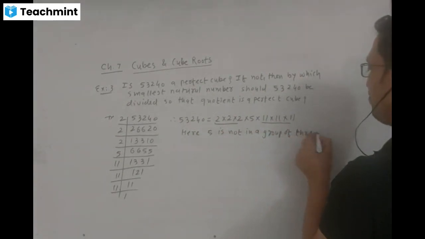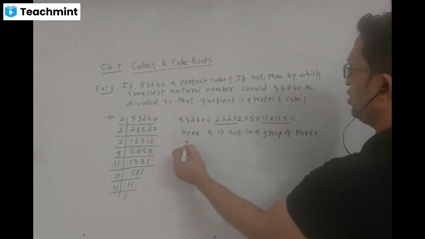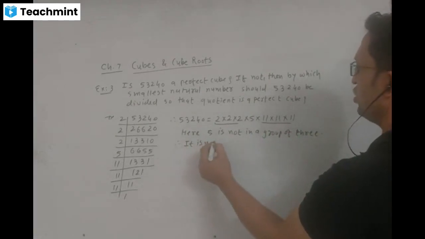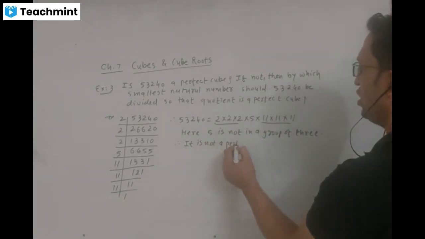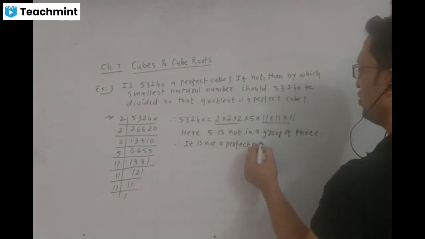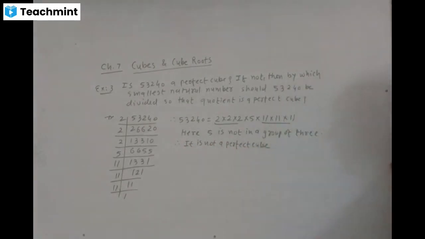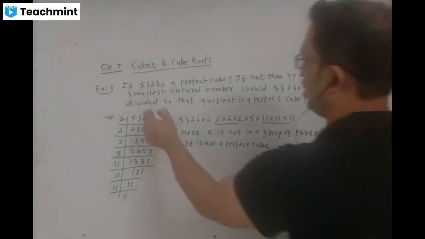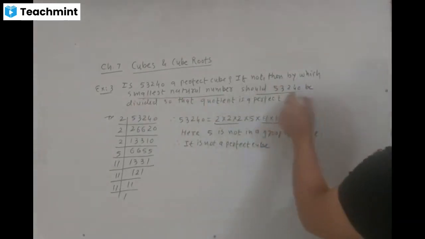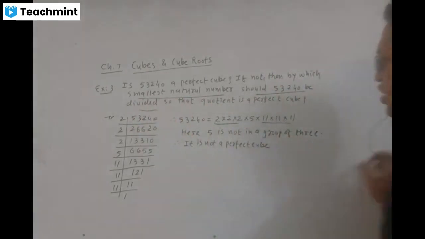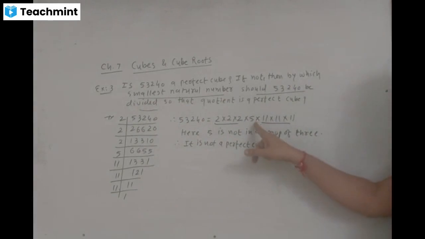Therefore it is not a perfect cube. Then by which smallest natural number should it be divided? Therefore 5 is not in a group of 3.